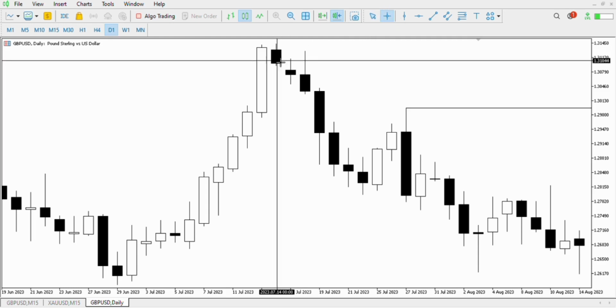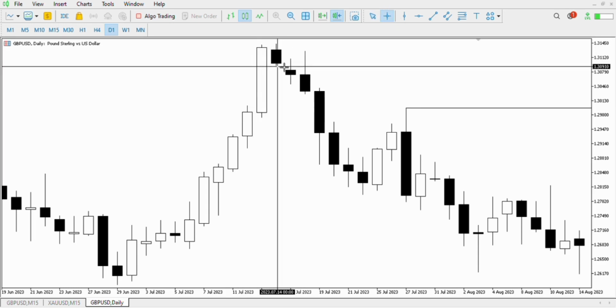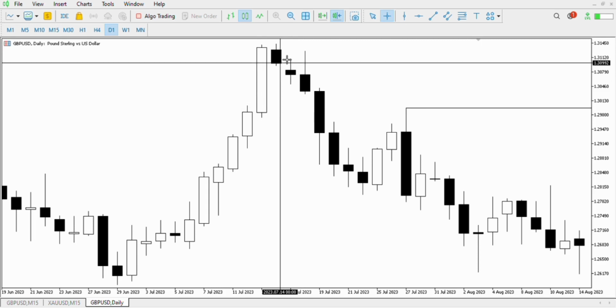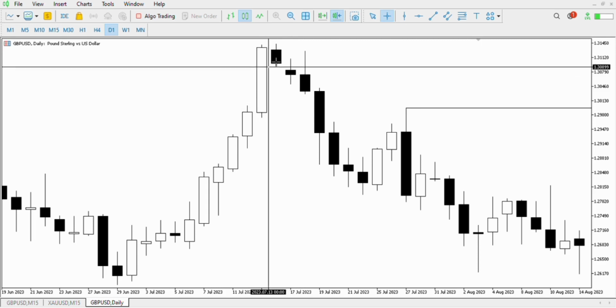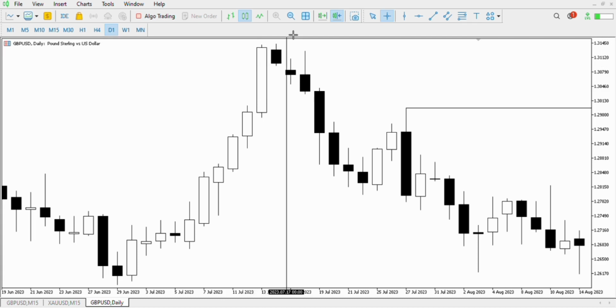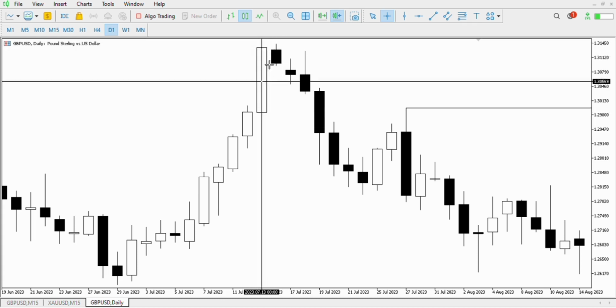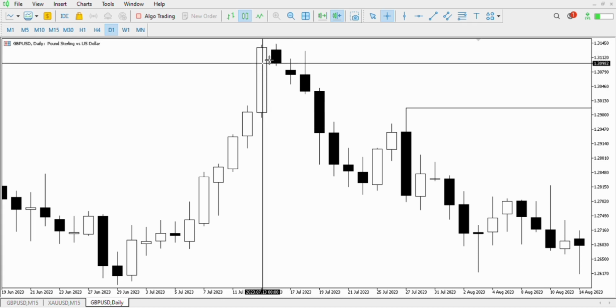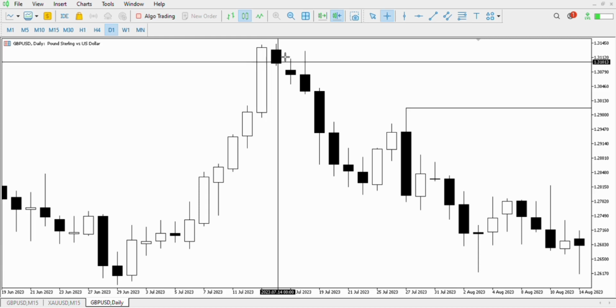It is the last buying move, although it ended up as a bearish candle for the day. However, it is the last highest move, that is the last buy move, because it even swept this bullish candle high. As you can see, this is just 1.31409 and this is 1.31422. 22 is higher than 09, so it means this candle swept the high of this.